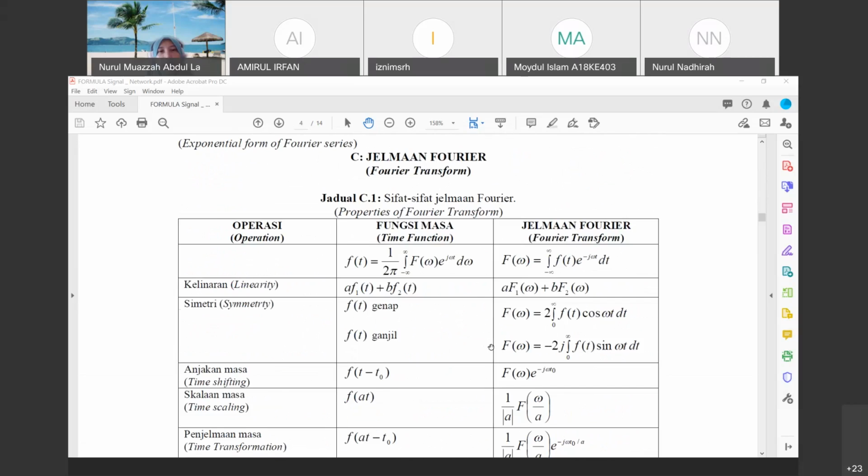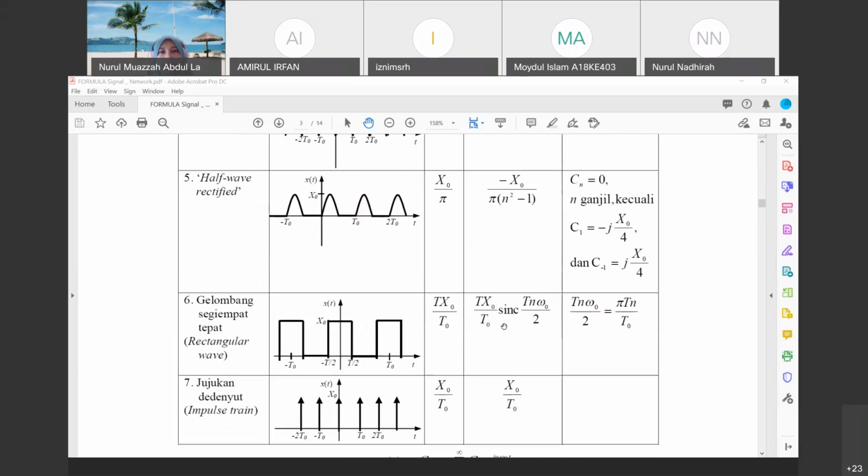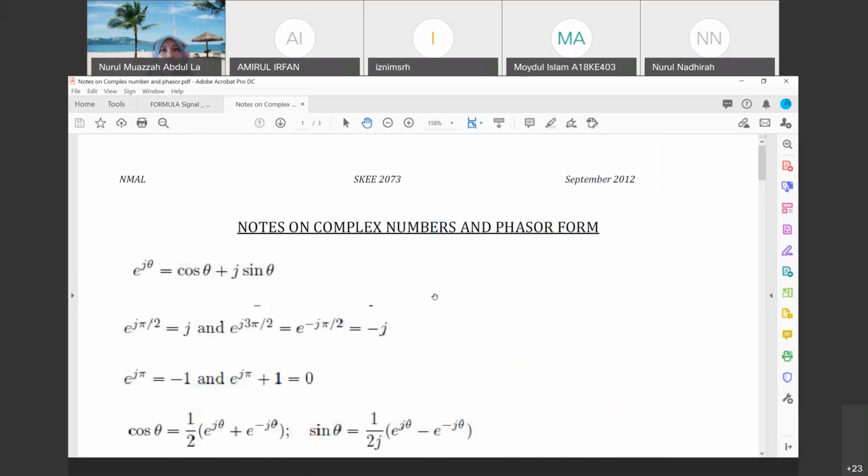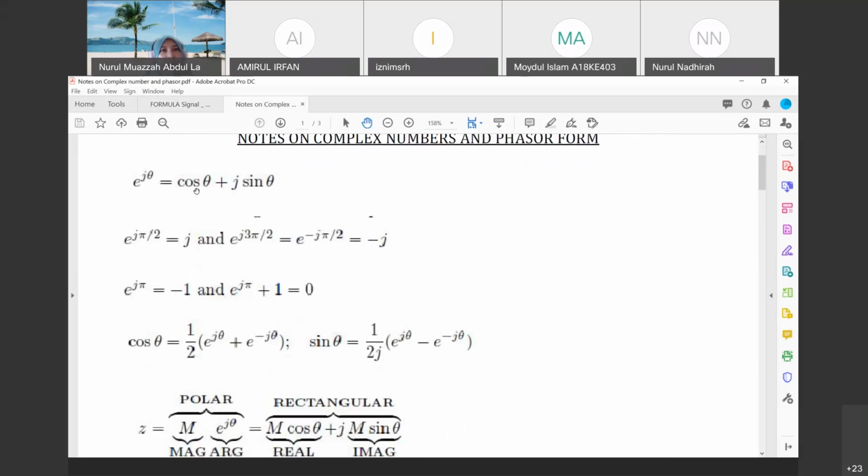Then for another page, it is the Fourier transform. And also another one here is notes on complex number, complex number and phase form. I think I compiled this from various sources. You need to recall back the memory.